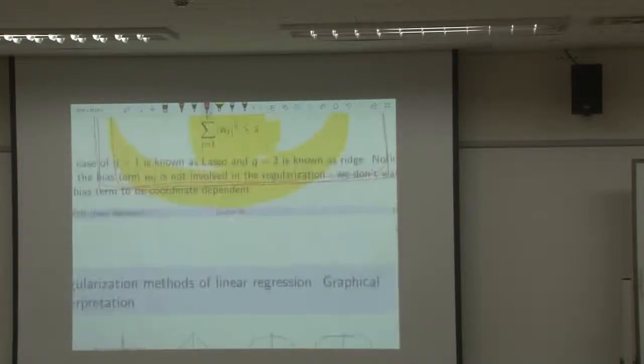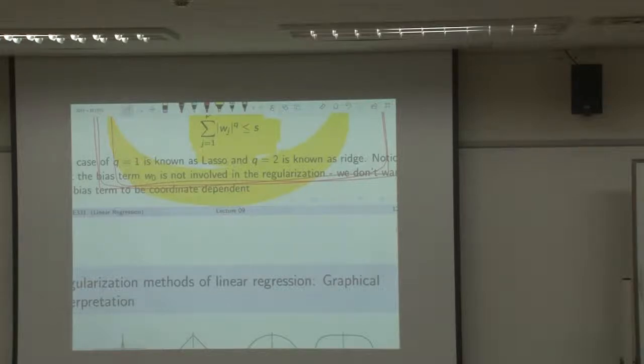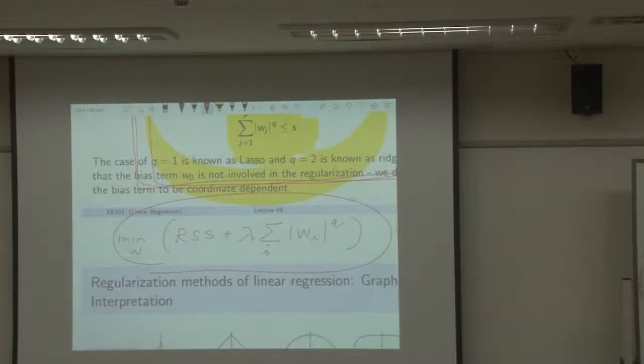Let's say I want to write this a little bit differently: residual sum plus lambda times the regularizer.